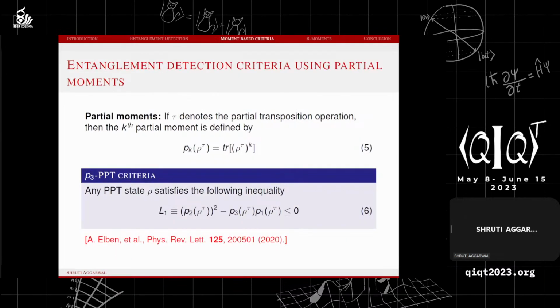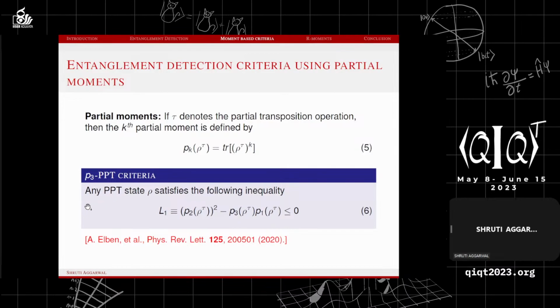So these are a few moment based criteria based on partial moments. If tau denotes the partial transposition, then the kth partial moment is defined as trace of rho tau to the power k.